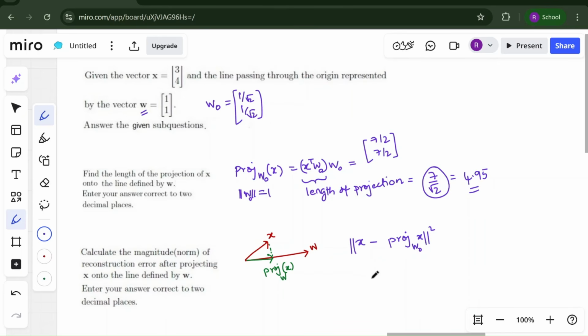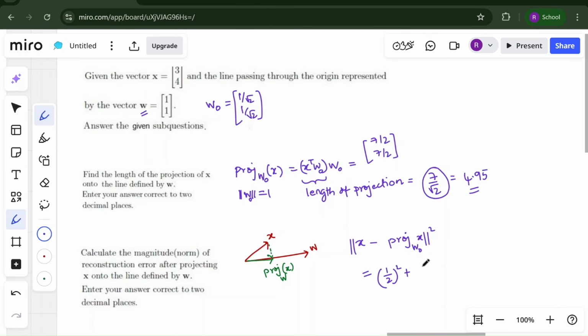This will be equal to (3 minus 7 by 2) whole square plus (4 minus 7 by 2) whole square, which is 1 by 4 plus 1 by 4, that is 1 by 2. But here they are asking for the norm, so you have to take 1 by under root 2.